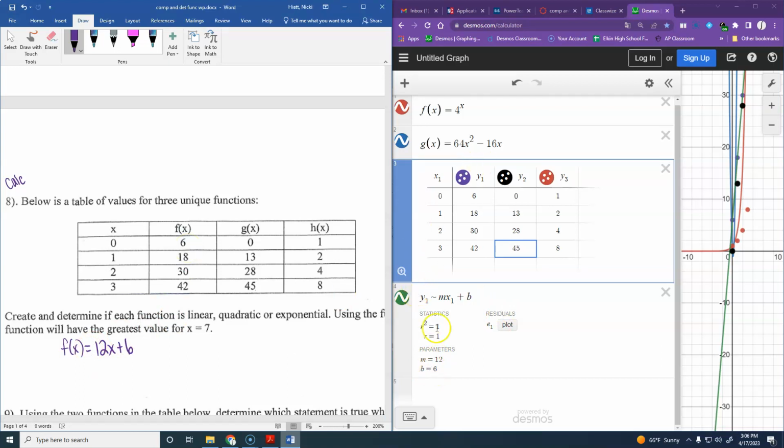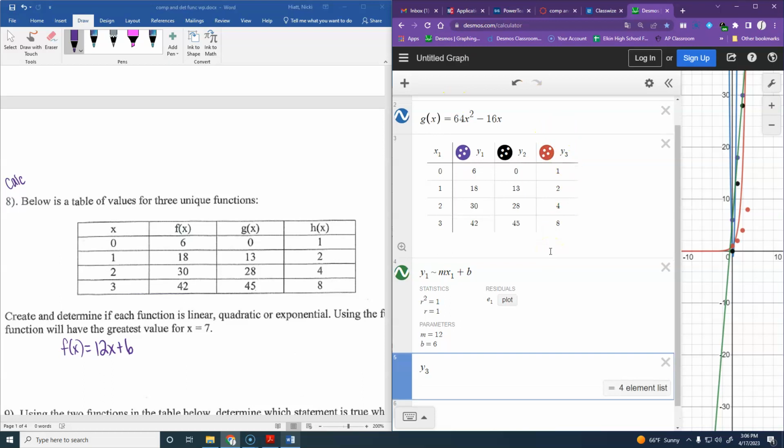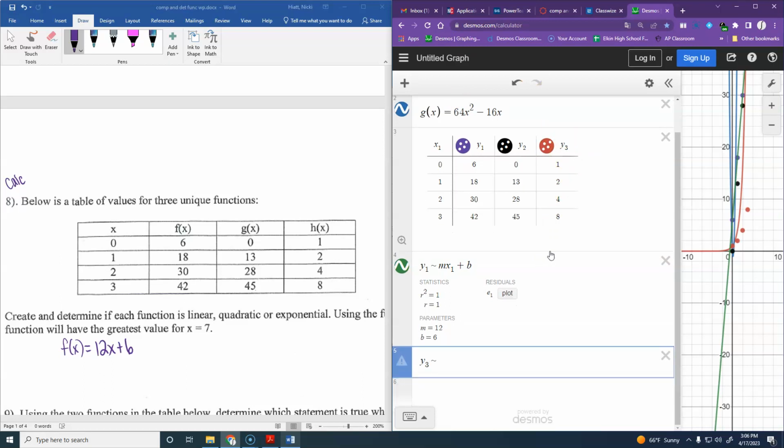Okay? Now that was for y1 because it was linear. I'm going to skip over to 3 because I think we did it in that order. So because I'm using the third line right here, I want to say y3 instead of y1. Okay? And I'll do squiggle. And I said this one's exponential. What was our form for exponential?